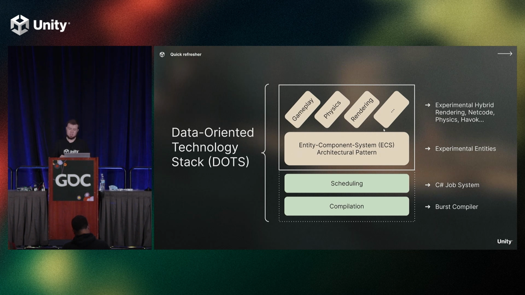And on top of that, we have the various ECS-based features, including ECS physics, rendering, netcode, etc. Now, this stack makes it easier to take advantage of multi-threading, batch processing, and implement things like determinism in your games, qualities that have been historically more difficult with the object-oriented approach and GameObjects.